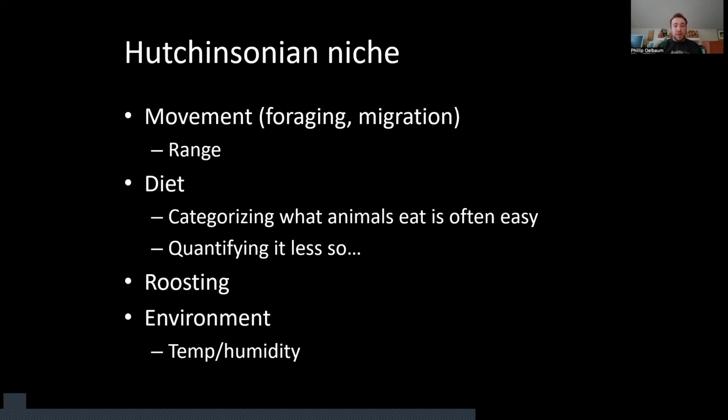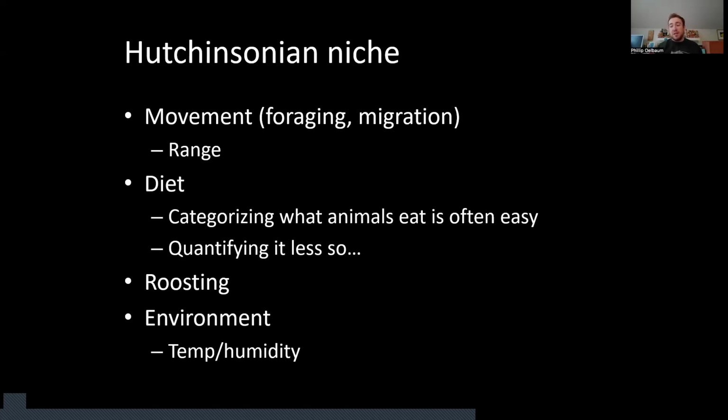We can characterize what they're eating relative to one another. But quantifying it is often difficult depending on who you're talking about. We can look at fecal analysis or stomach contents, but those tend to be more presence-absence studies rather than the proportion of diet.